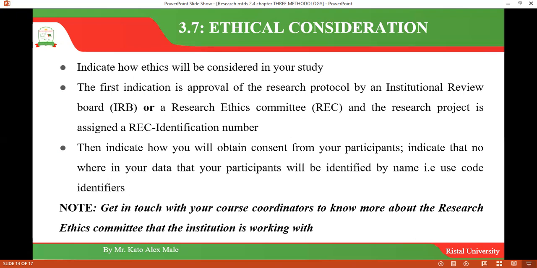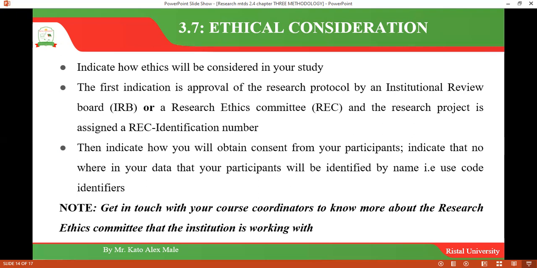If the board approves this proposal, that is the first indication that this work considers the ethics of my participants.